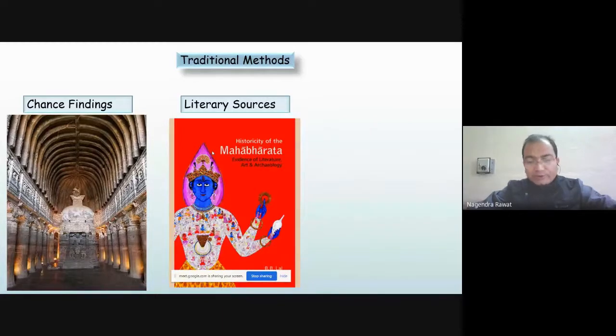And we know that some sites like Hastinapur, Kosambi, and Taxila were discovered with this source. Even now people are still working in this direction. You must know that the Ram Setu issue is a very burning issue nowadays.